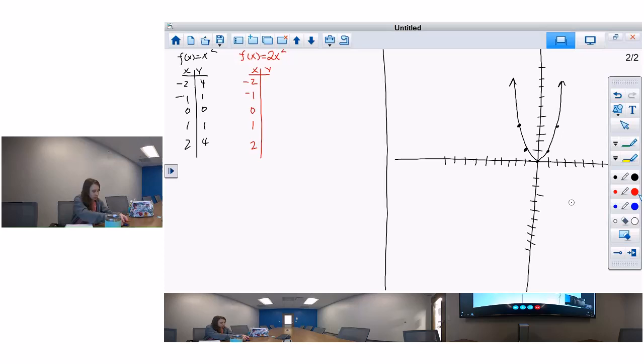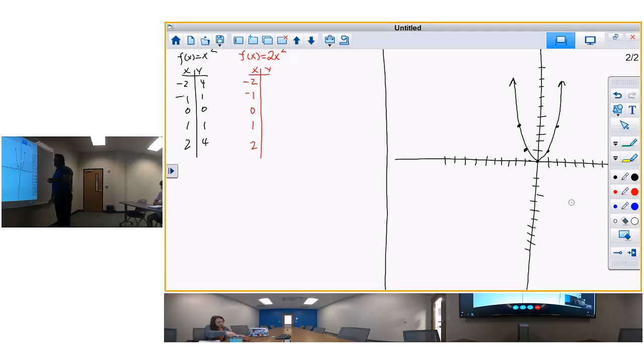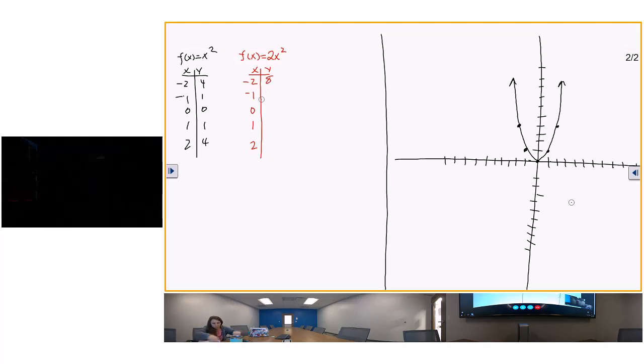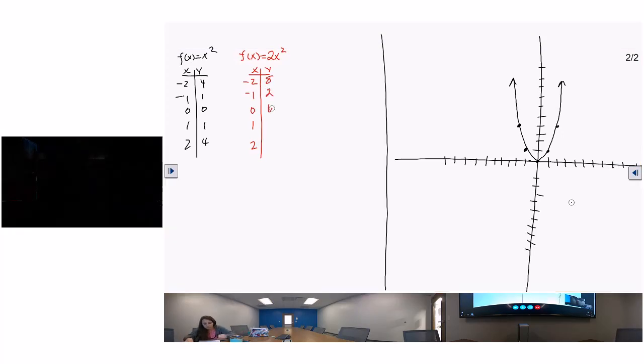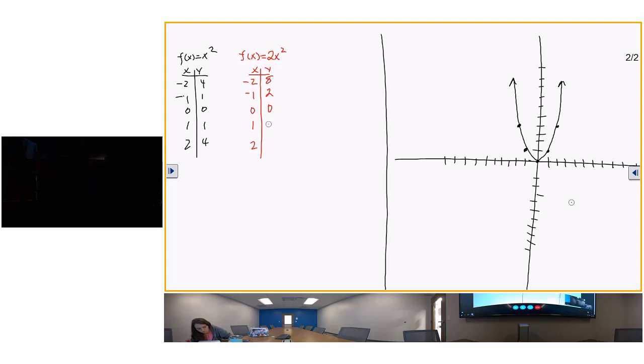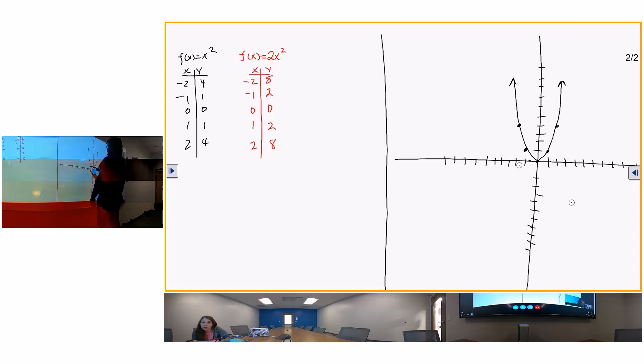All right, so we take our red pen, and what is 2 squared? 4. 4 times 2 is 8. 1 or 2, 0, and that's going to be 2 and 8. So you plot those points. -2 and 8. Well, that's 4, 5, 6, 7, 8. 1 and 2.